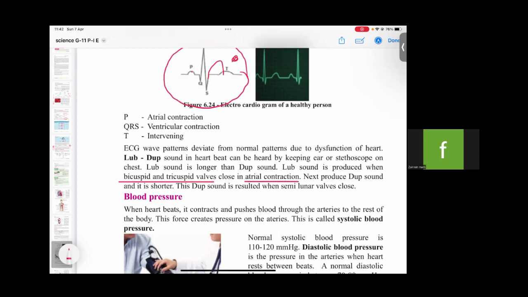These are the valves between the atria and ventricles. The dub is shorter and is produced when the semilunar valves close. What are the semilunar valves? The valves inside the aorta and pulmonary trunk. When they close, the dub sound is heard.